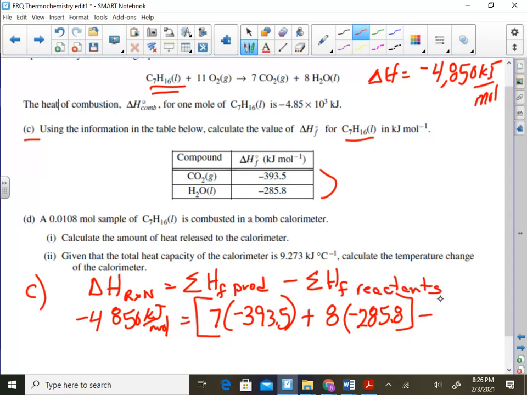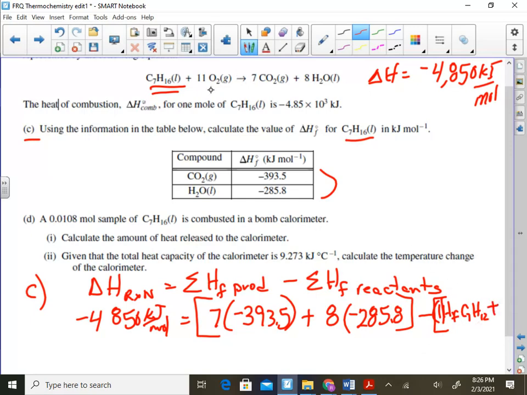And so our reactants are, we have the heptane. So this is our unknown. We are looking for the heat of formation of the C7H12. And there's only one of them, so we're going to multiply that guy by 1.